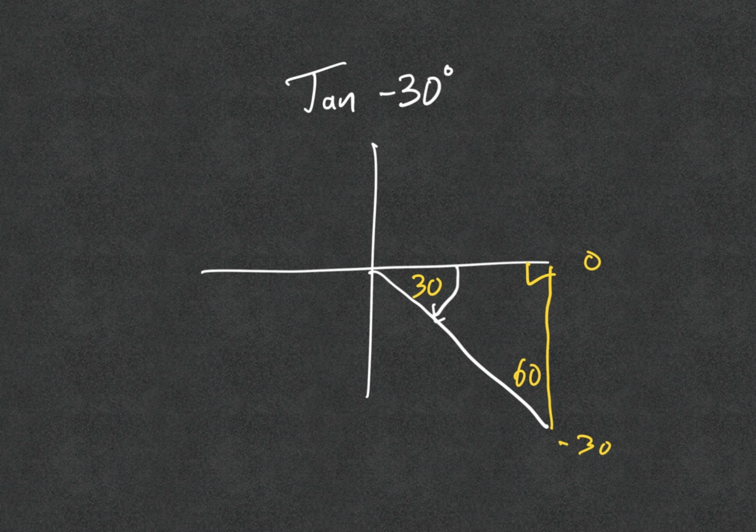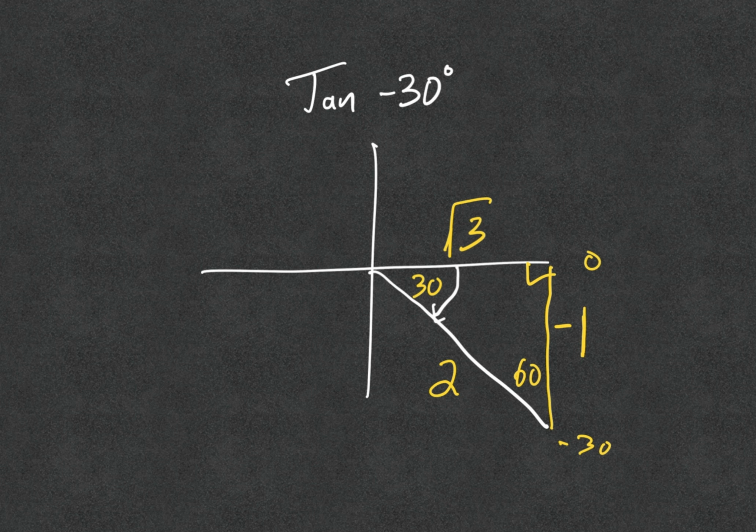What's the length of the yellow side? Opposite the 30 is 1, but since it's going down, it's going to be negative. Opposite the 60 is the square root of 3. The hypotenuse is 2. What's tangent? What's the ratio?